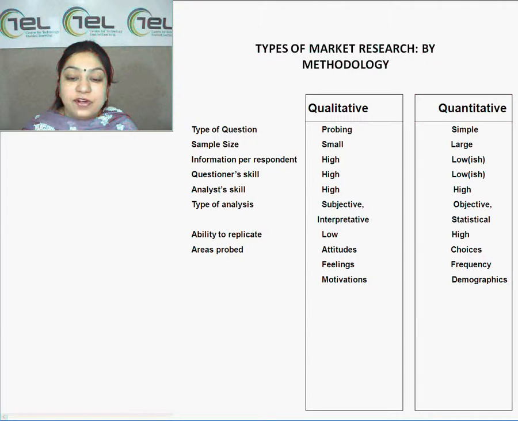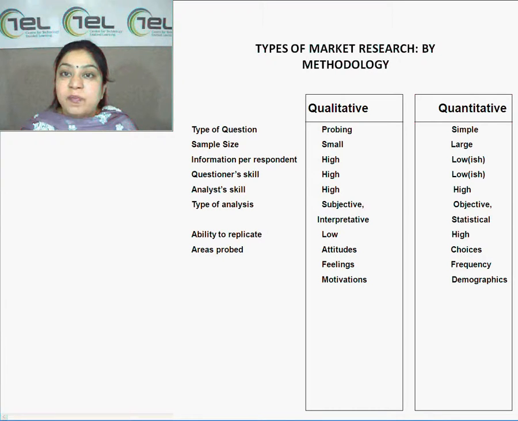The type of analysis under qualitative is more subjective and interpretative. You try to interpret what the respondent is trying to say in your questions. In quantitative, it is more objective and statistical. The ability to replicate under qualitative is very low, and under quantitative it is very high.